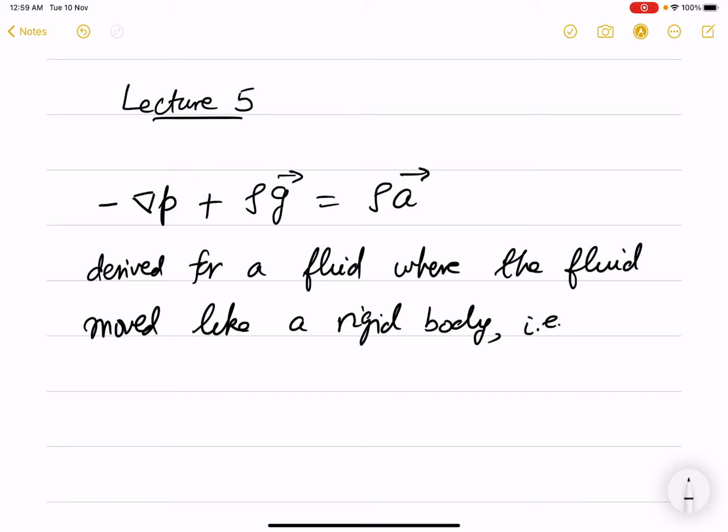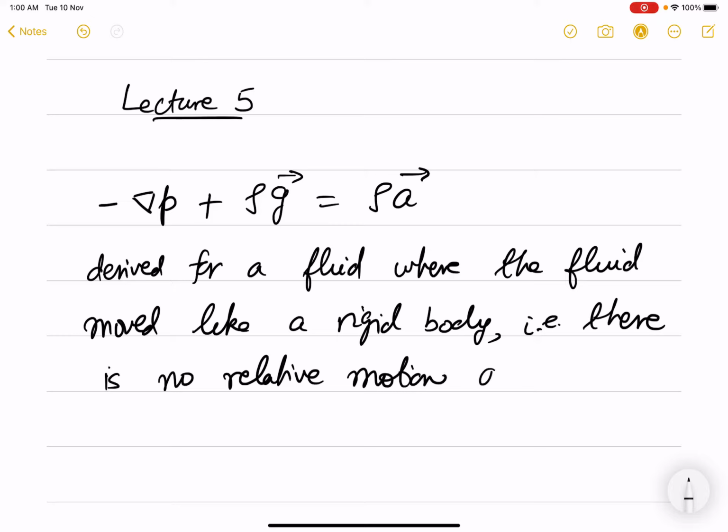That is, there was no relative motion among the fluid layers.